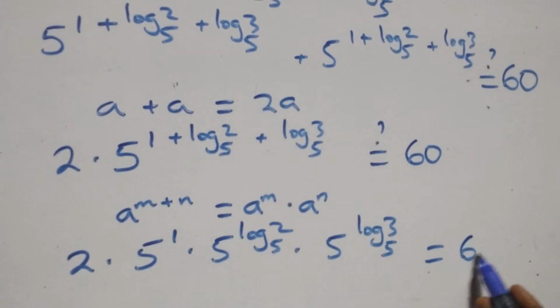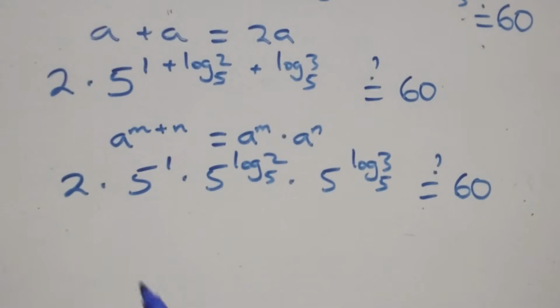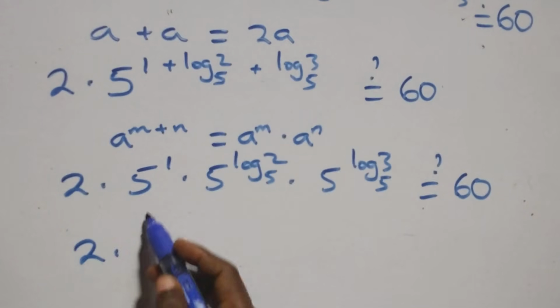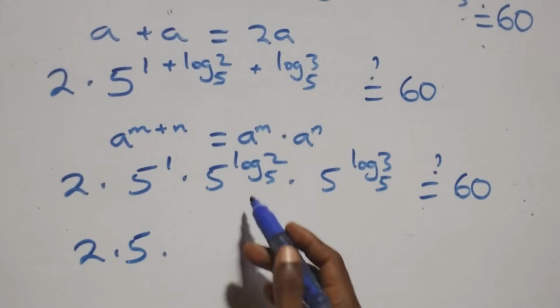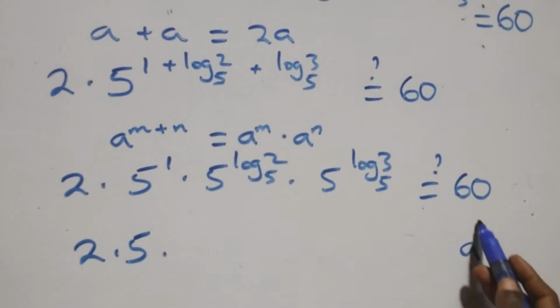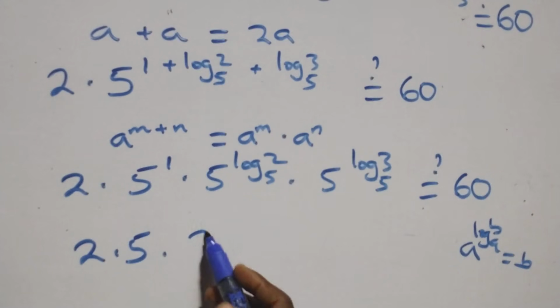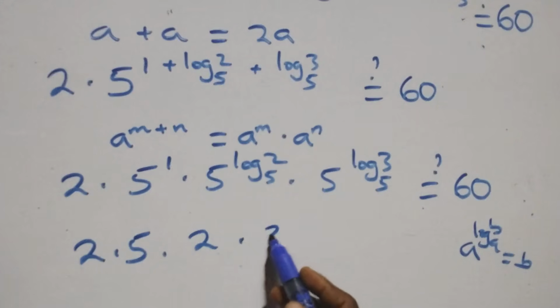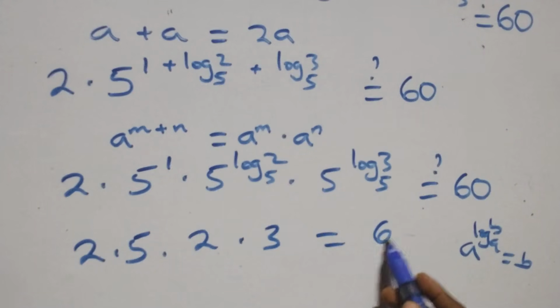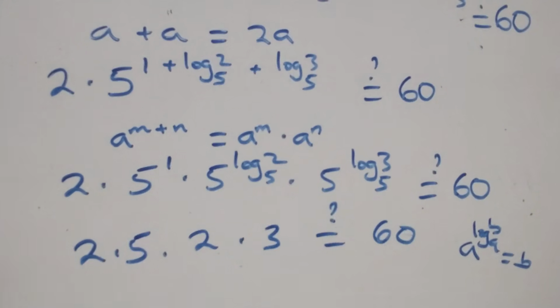Is it equal to 60 on this side? Here we have 2 times 5 raised to power 1, that's 5, times, this follows when we have a raised to power log b to base a, which equals b. Here we have 2 times 3. Is this equal to 60 on this side?